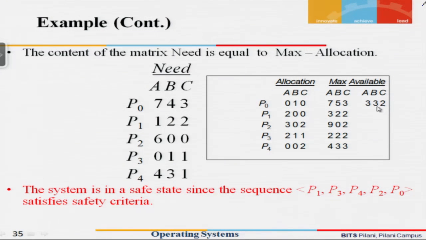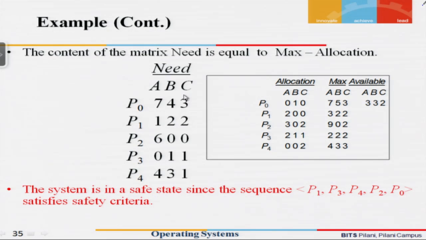So let us check if P0's need can be met. We find that P0's need cannot be met because need is greater than the availability. Please note that this less than, greater than comparison is a vector comparison. We are saying 7 is greater than 3, 4 is greater than 3, and 3 is greater than 2.